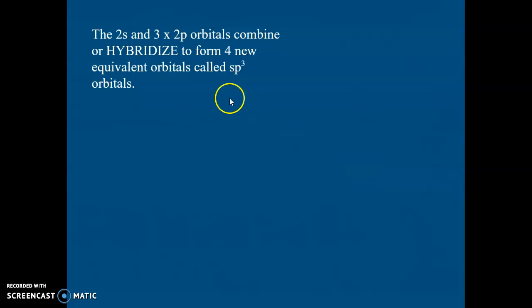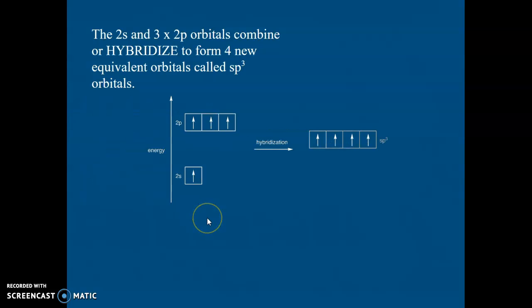So we get 4 equivalent orbitals, called sp3 hybrid orbitals, if we combine the 2s and all 3 of the 2p orbitals. There's the sort of thing we get. There are the hybrid orbitals. They're all exactly the same energy, as you'll see there.